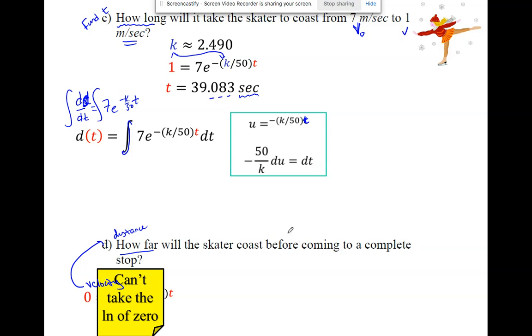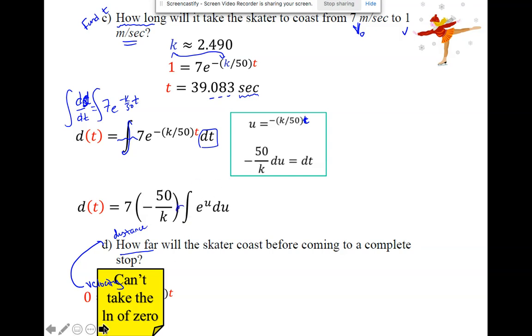The derivative of that stuff is negative k over 50. Get the dt part by itself. I move the 7 outside. I replaced dt with negative 50 over k du, and moved the negative 50 outside as well.